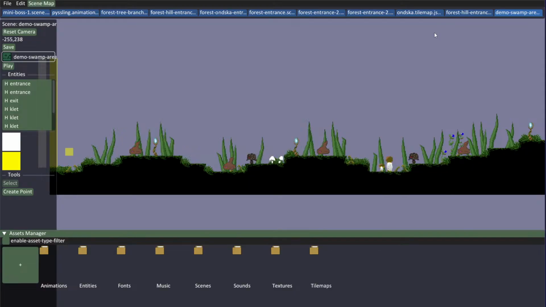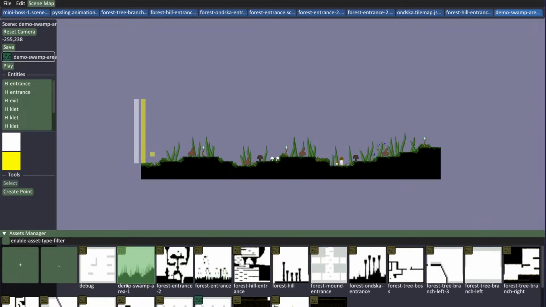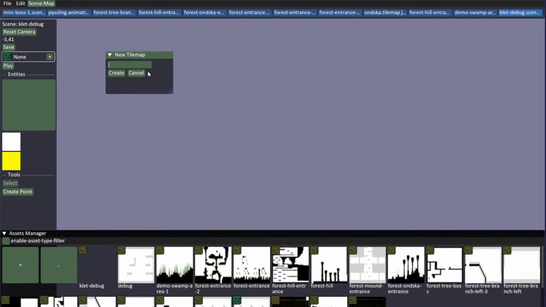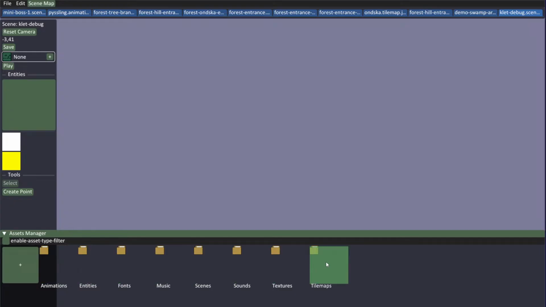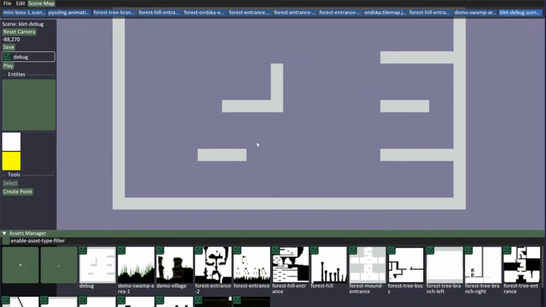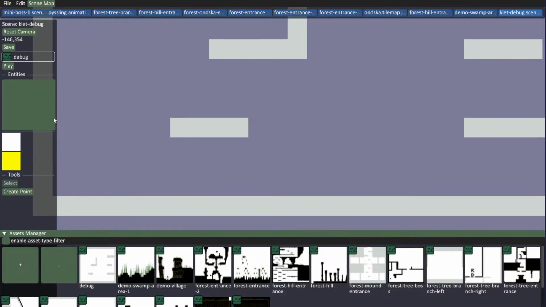Okay, you know what? Let's just make a new scene here. Well, actually, we have this debug place. No, but there's a clip debug. All right, let's make... Actually, we could just take this as a thing.